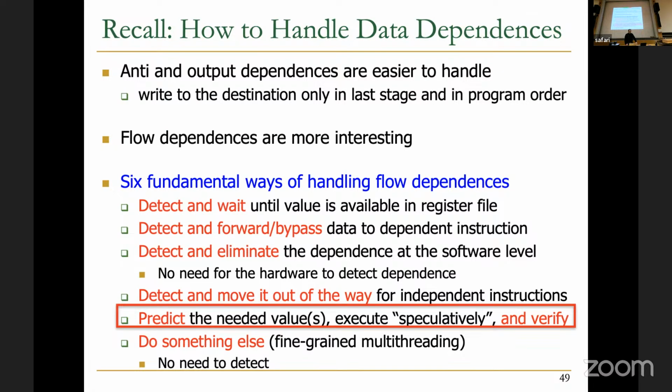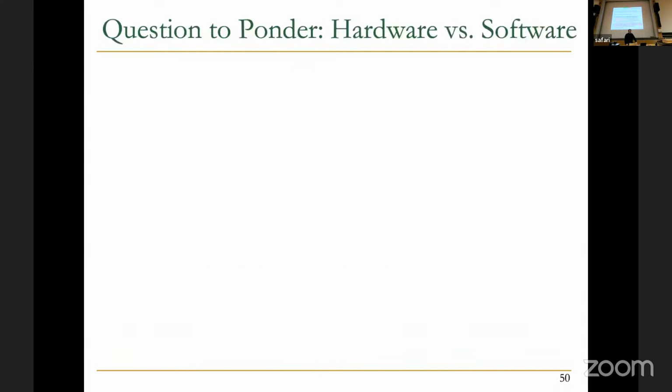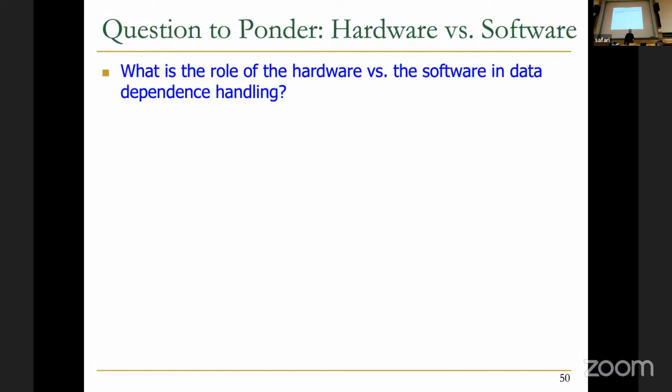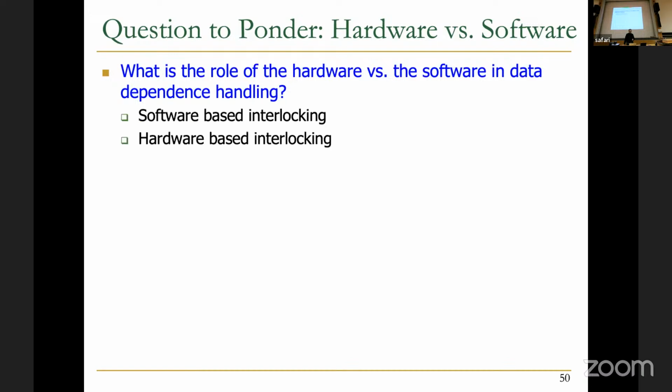But we will quickly discuss something else, which is fine-grained multi-threading. Before that, we should have some critical thinking on where we should handle these things, in hardware or software. What is the role of the hardware versus the software in data dependence handling?